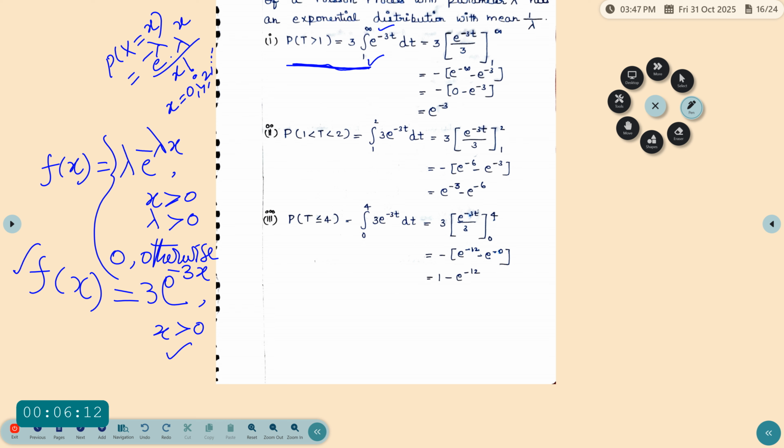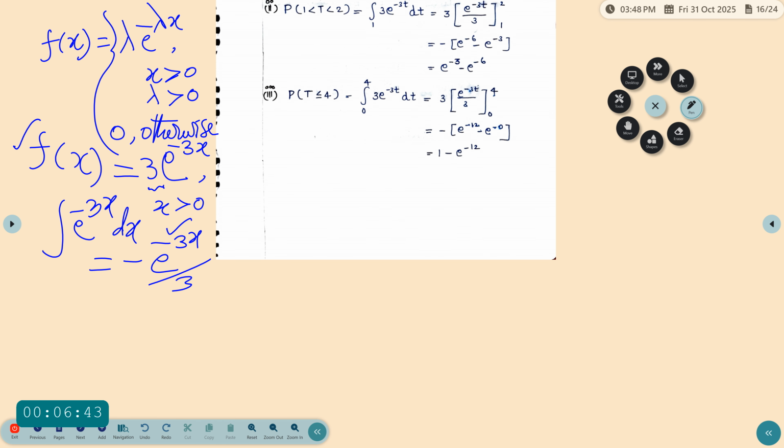So the integral from 1 to infinity of 3 e power minus 3t dt equals 3 into e power minus 3t divided by minus 3, because the integral of e power minus 3x dx is minus e power minus 3x divided by 3.